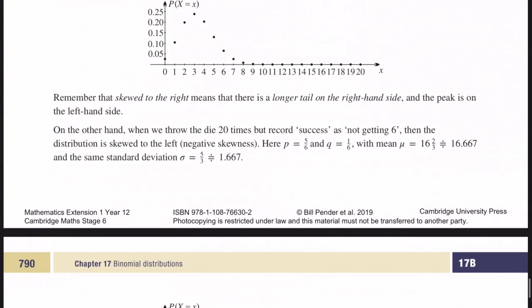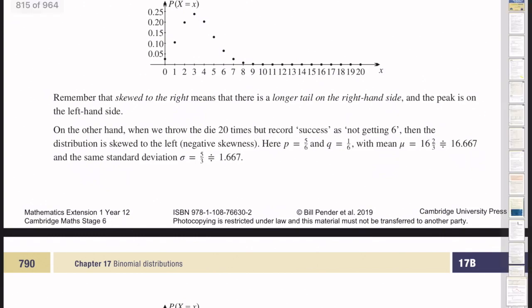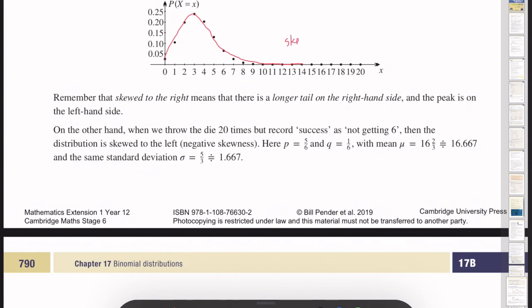This second one is rolling a dice, and when they crunched the numbers, it looked more like this. So it started high and then went down low. And this is what we call skew to the right, which is positive.